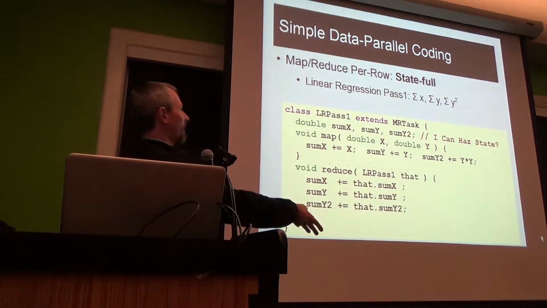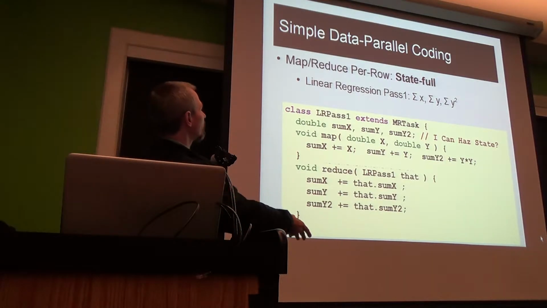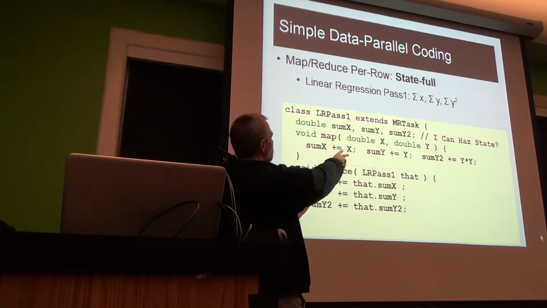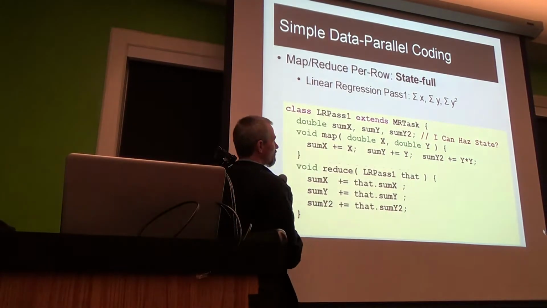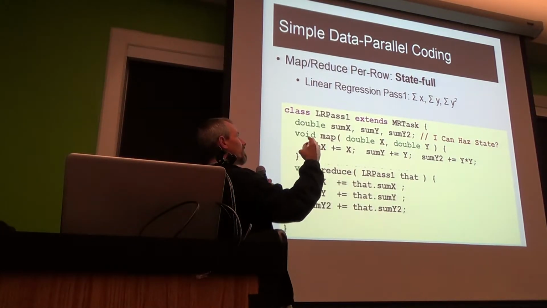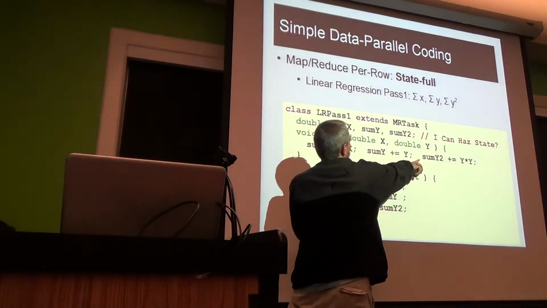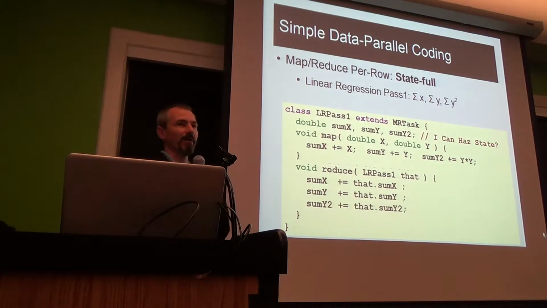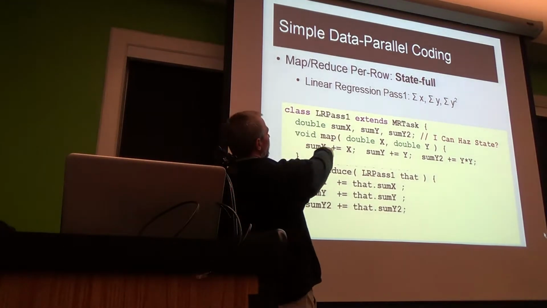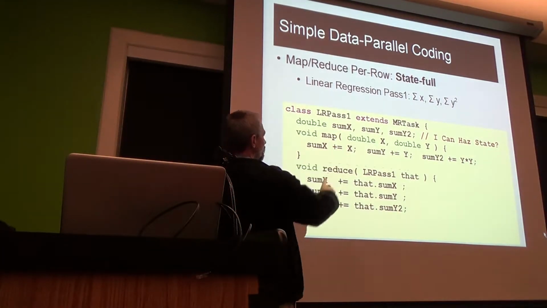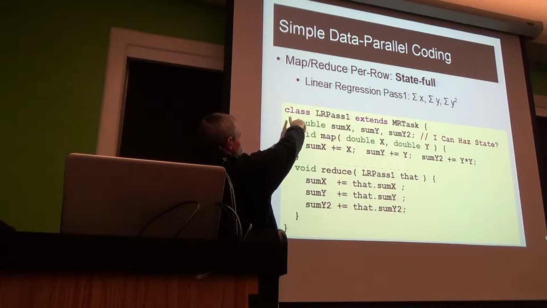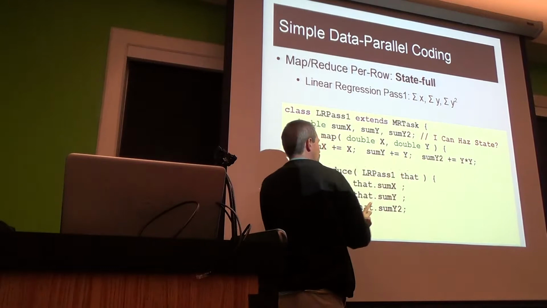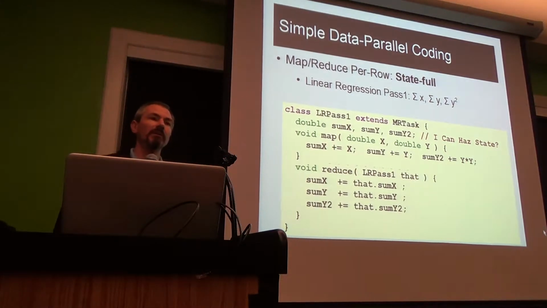But I can get more complicated in my inner loop, so let's look at that. I can have state in particular, and in this case, the map is taking multiple inputs, however many inputs I want, and producing a this pointer, and it's updating in place in memory. So I'm showing again something fairly simple. It's the linear regression pass one, but I have something pretty complicated in here that I'm accumulating state on, and it's really in the this pointer. And the reduce is taking this and that, and folding them together.